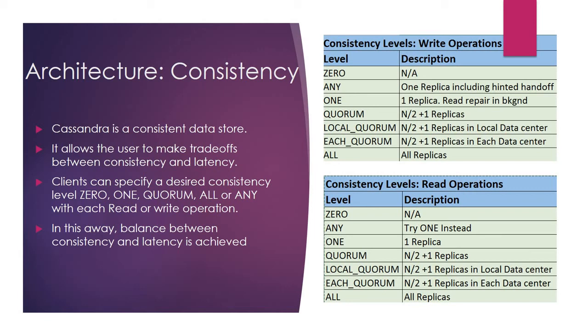And a quorum level. A quorum requires that n/2 plus 1 replicas must have the durable copies, where n, as we already said, is the replication factor.